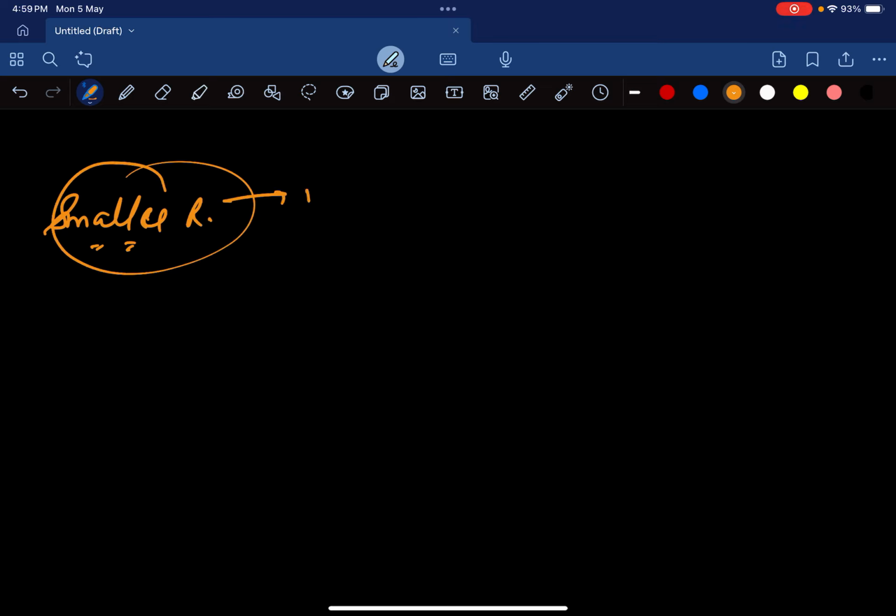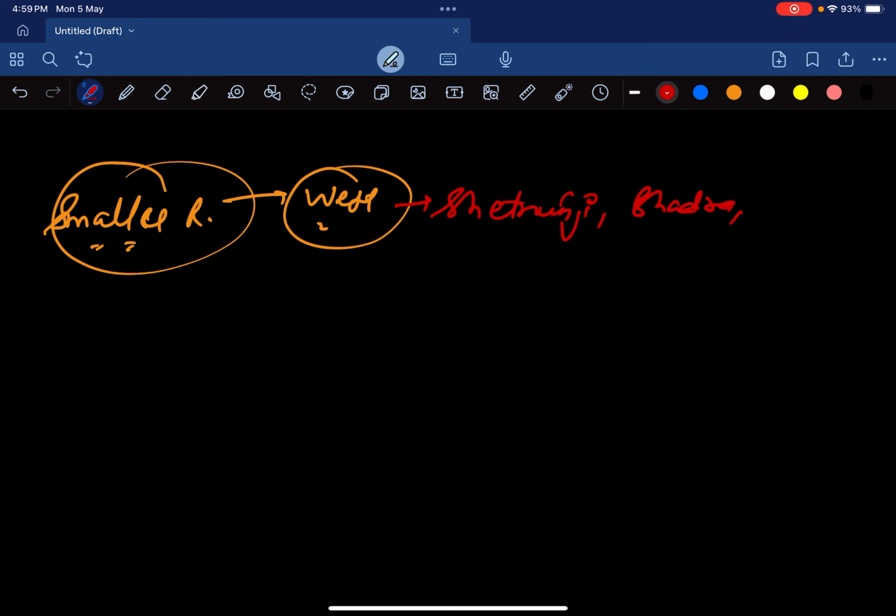If we talk about western side, Gujarat holds the distinction of having 4 rivers which are flowing in the western direction, which is Shetrunji, Bhadra, Sabarmati, and Mahi river.